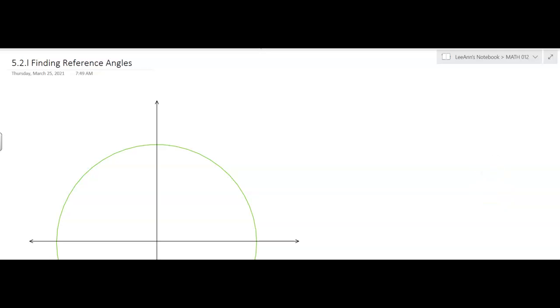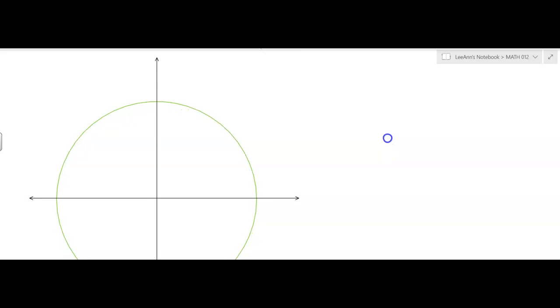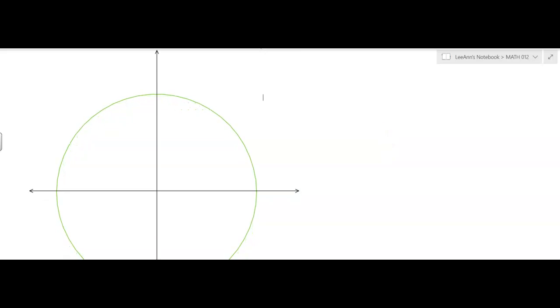Okay, so finding reference angles. We did that in 5.1, but we'll do it again here, and I'll try to put in both the degree and radian measurements. So you have an angle here that's special, 30 degrees, right? And we said that the coordinates, the cosine and sine, are square root of 3 over 2 and 1/2.